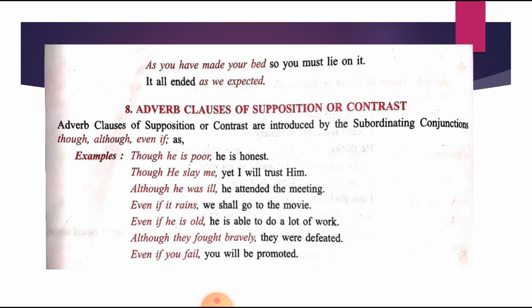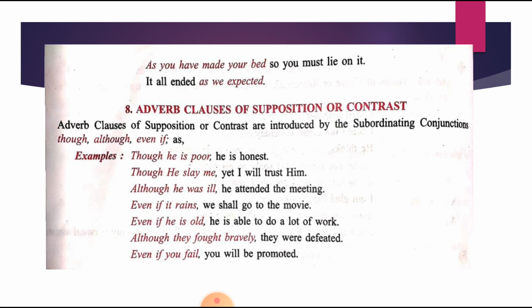In place, we use where, wherever, whence, whither. For purpose, we use that or lest. For cause or reason, we use because, as, that, since. In conditions, if, whether, unless.